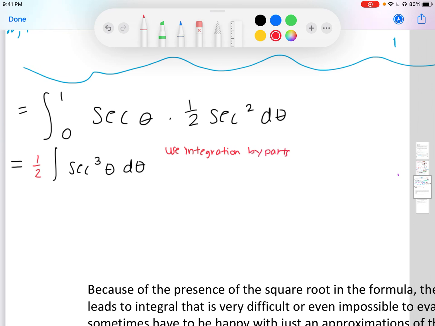We actually did this example. If you go back to section 7.2, example number 8 from your textbook, or I don't remember which example it is from our notes, we have this exact problem in our notes. So we're going to use our conclusion.